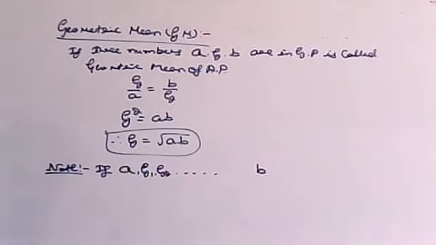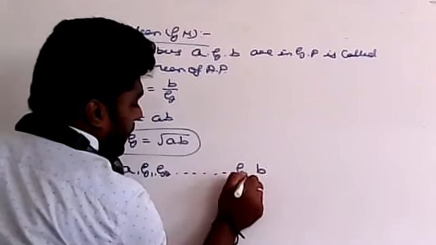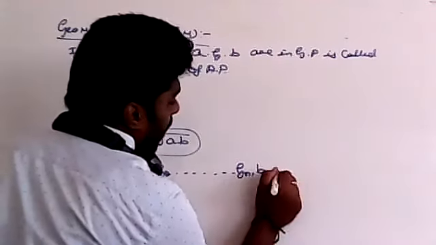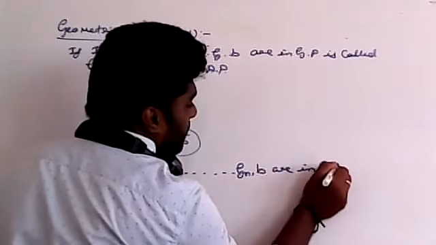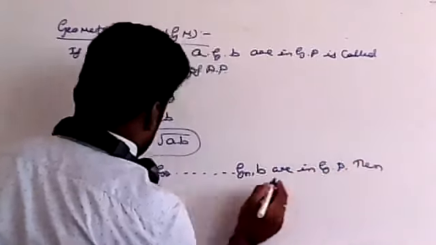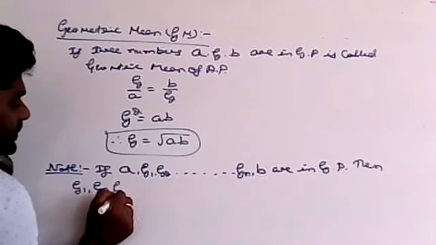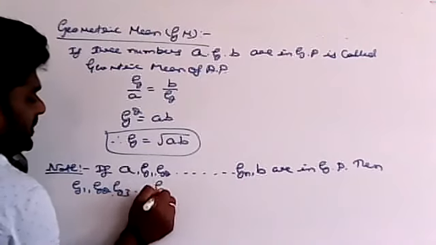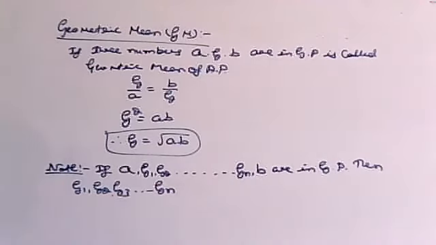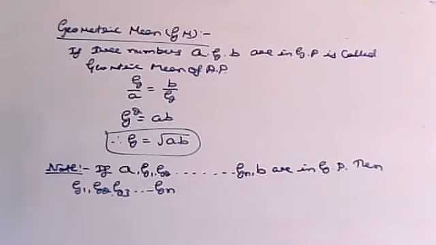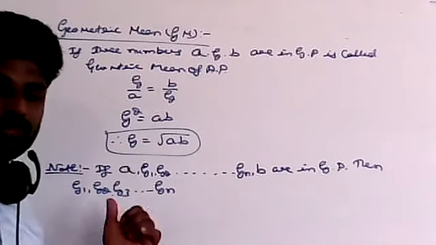If a, G1, G2, so on up to Gn, b are in GP, then G1, G2, G3, so on up to Gn is what? Can anyone tell me what are G1, G2, G3, so on up to Gn?